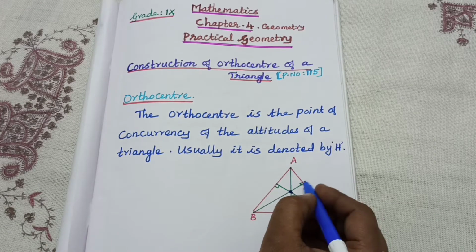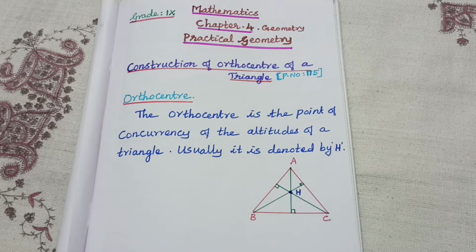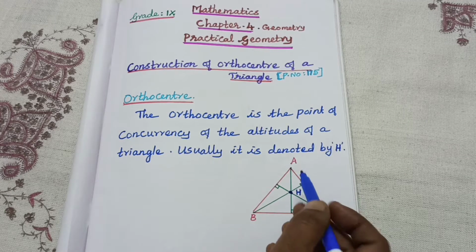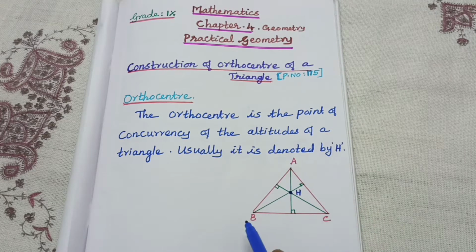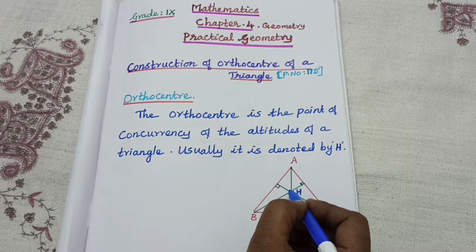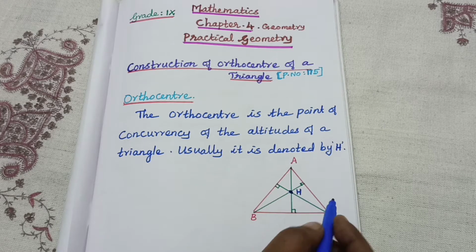The orthocenter is denoted by capital H. From vertex A, then vertex B, then vertex C, the point where the three altitudes intersect is called what? The orthocenter. The point of concurrency of the altitudes of a triangle.